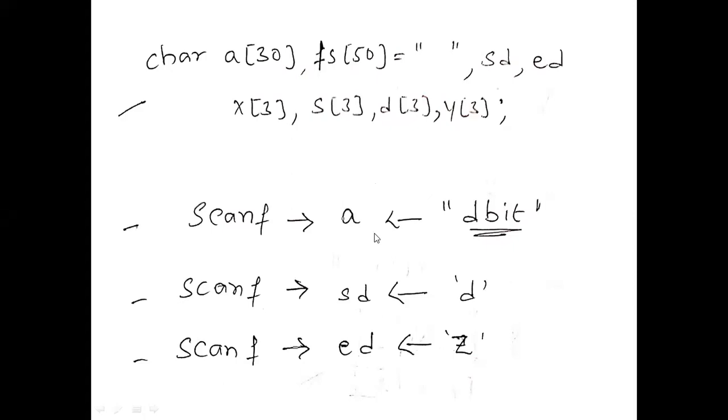First we read a character array, or simply a string, into the variable a. Secondly, we read a beginning flag character, the start flag character, into the variable SD, and an end flag character, which is Z, into the variable ED.